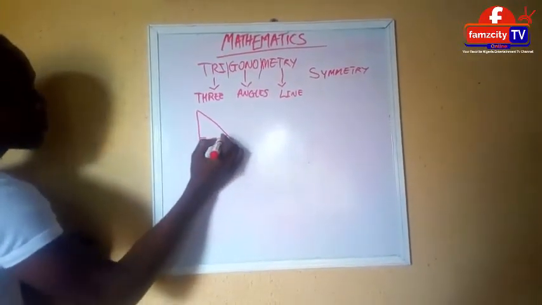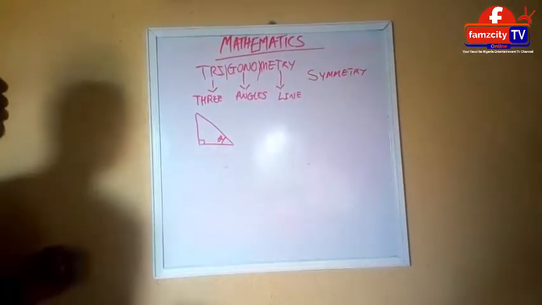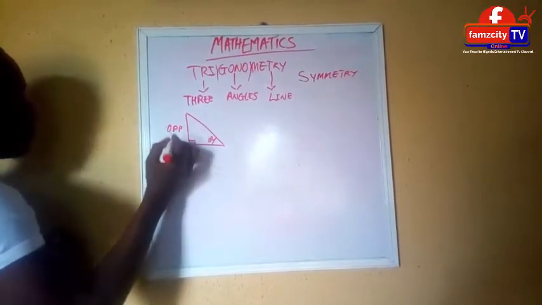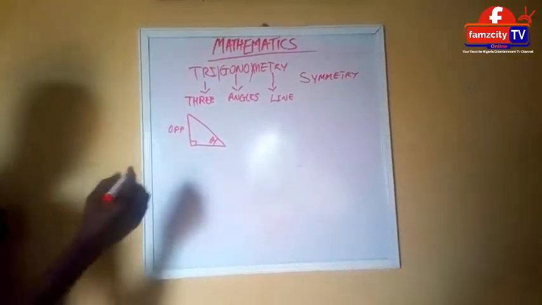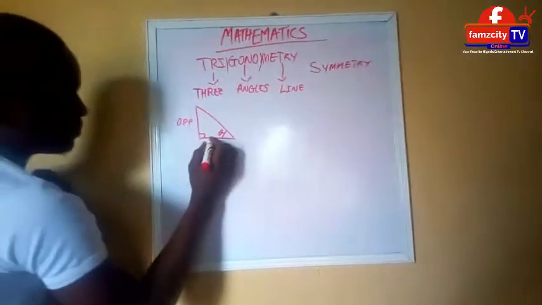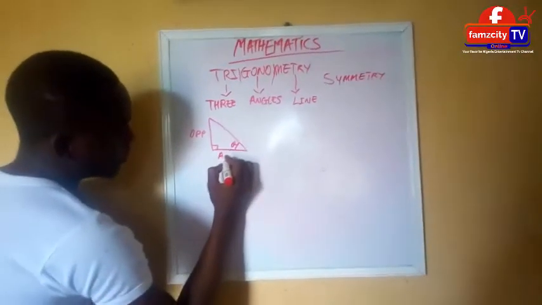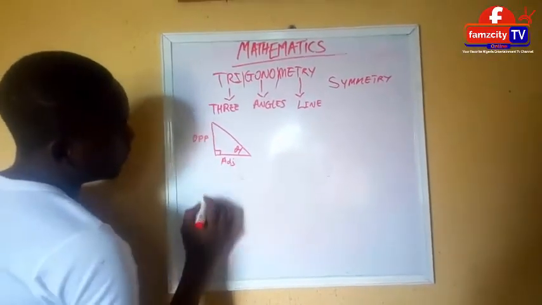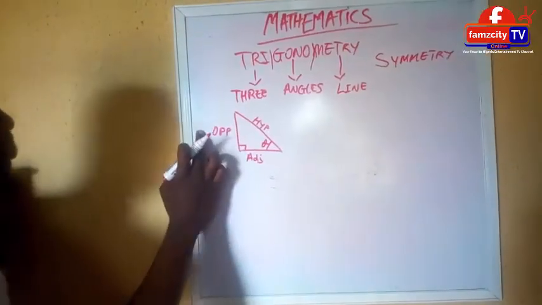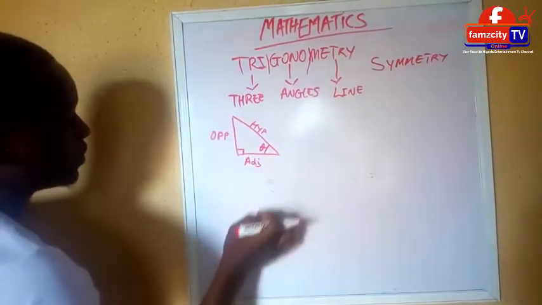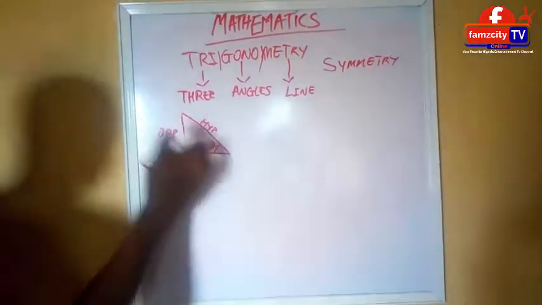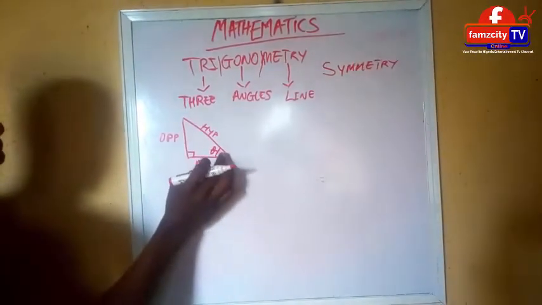To an angle theta here, we have the opposite side of the triangle, and we have the hypotenuse side, and we have the adjacent of the angle theta here, which is the adjacent side, and the longest side, which is the hypotenuse side.